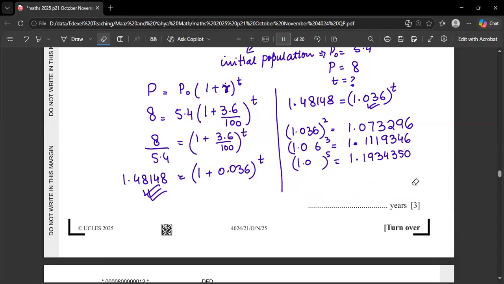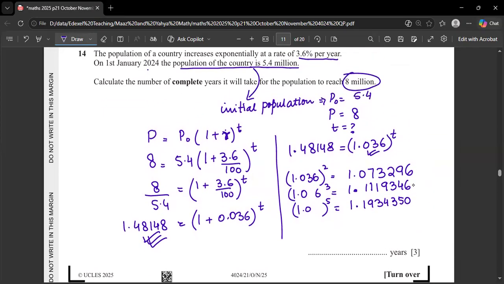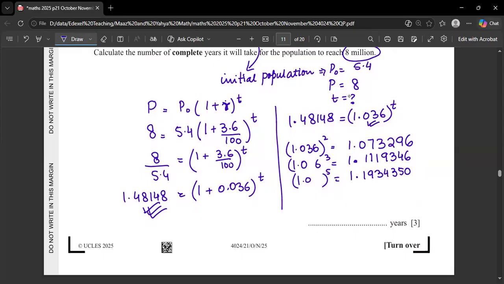Now when we plug in the power 12, that means 12 years, right? The question says calculate the number of complete years it will take for the population to reach 8 million. To reach 8 million, right? So by putting 8, we are getting this 1.48148. And for that, either we're going to have the 11 years or the years just before the 12.